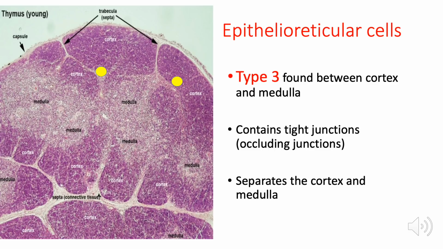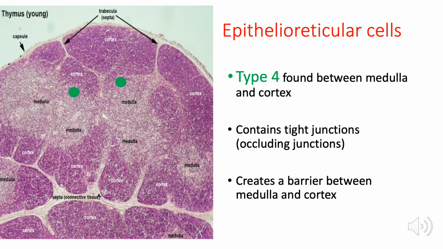Type 3 epithelial reticular cells separate the cortex from medulla, and for them to do that, they are provided with tight junctions. What will separate the medulla from the cortex is the type 4 epithelial reticular cells. Similar to type 3, they are also provided with tight junctions.